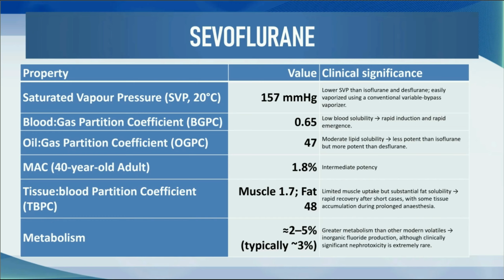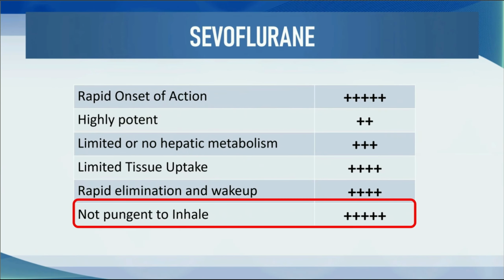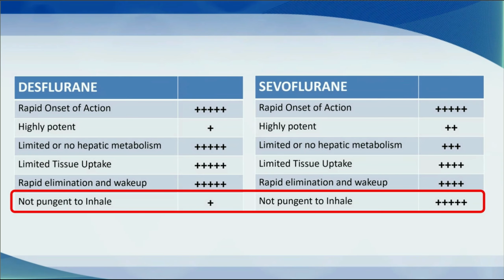So why is sevoflurane so much more popular around the world than desflurane or isoflurane? And the reason for this is because of pungency. Sevoflurane is a very sweet smelling agent versus desflurane and isoflurane, meaning that it is an ideal agent for inhalational induction of anesthesia. It has most of the physical properties that we associate with the ideal anesthetic agent.